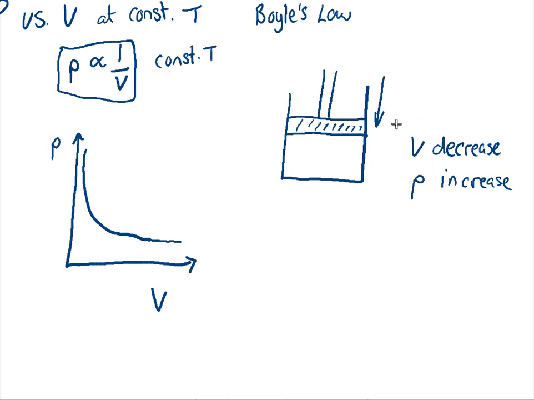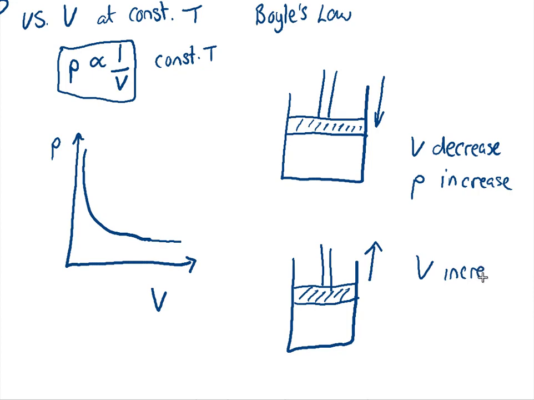And we can do similar reasoning for the opposing change. If we were to have a fixed amount of gas in a container with a movable piston as a lid, and if we were to consider increasing the volume by moving out our piston under conditions of constant temperature, what's going to happen?